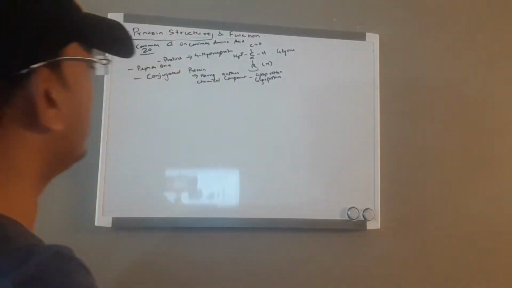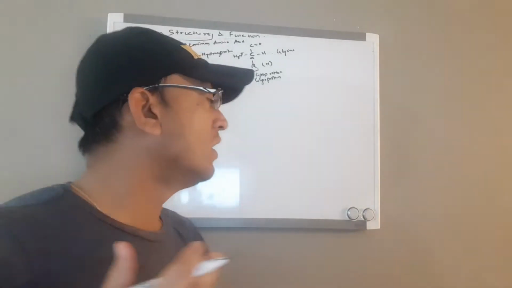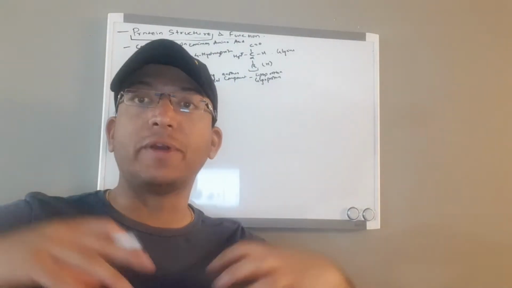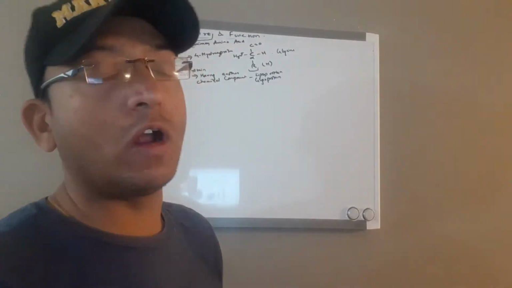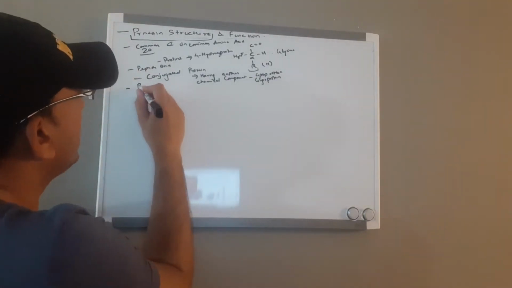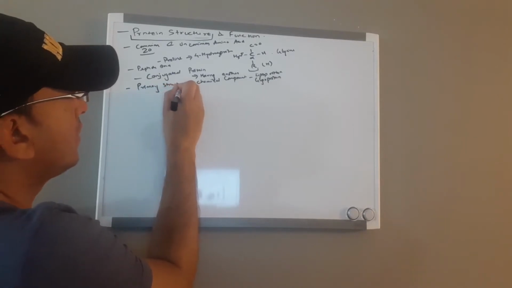Then now the primary. We also saw the names of the different types of methods that separate protein, like affinity chromatography or electrophoresis, and then we moved on to the protein primary structure.